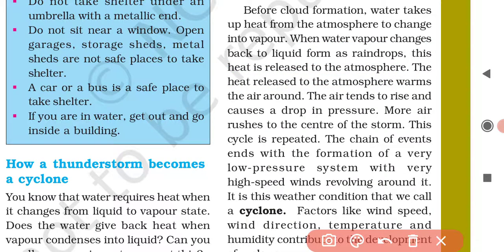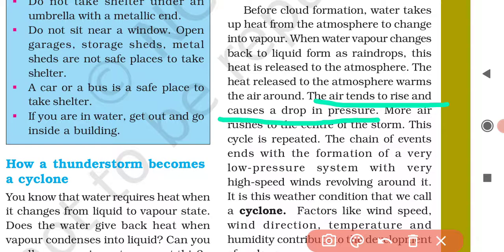Okay, so the heat released to the atmosphere warms the air around. The heat released by the condensation of water vapor in the atmosphere warms the air all around it. So the air tends to rise and causes a drop in pressure.